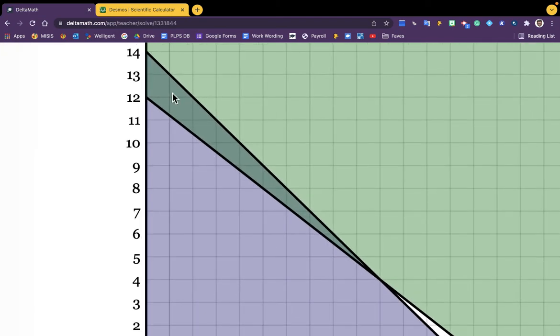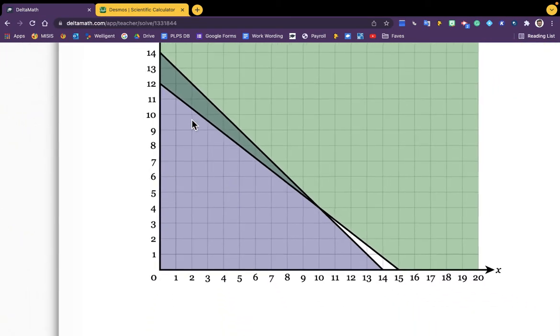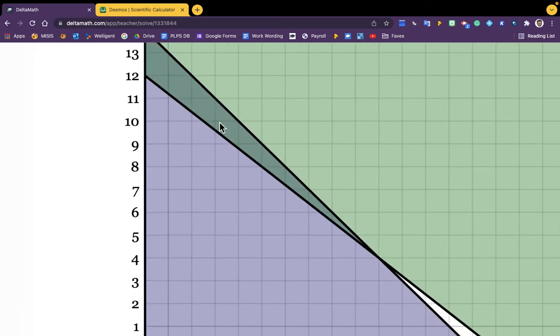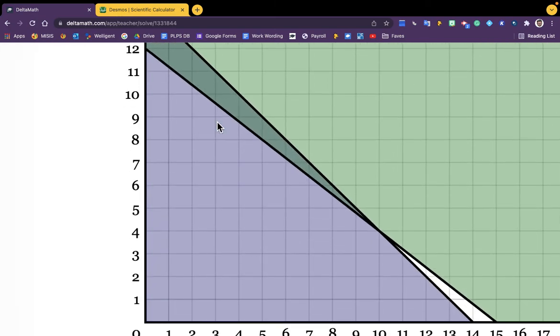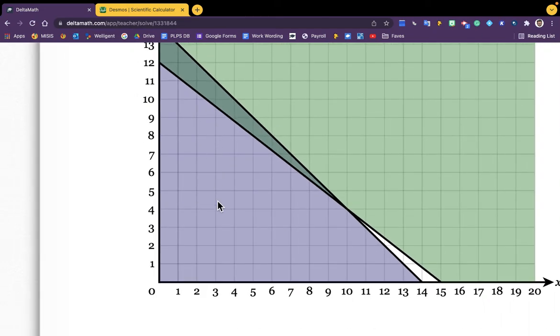That would work. That's inside the green. What else is inside the green? This one here would be 2 hours babysitting and 11 hours walking dogs, right? And I could choose one more, this one here. 3 hours babysitting and 10 hours walking dogs.